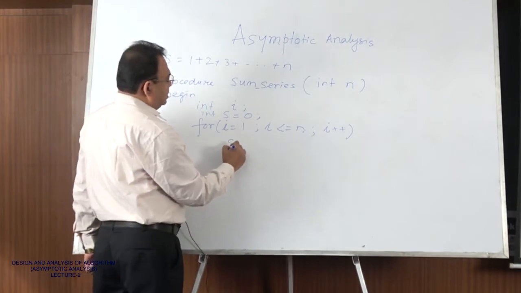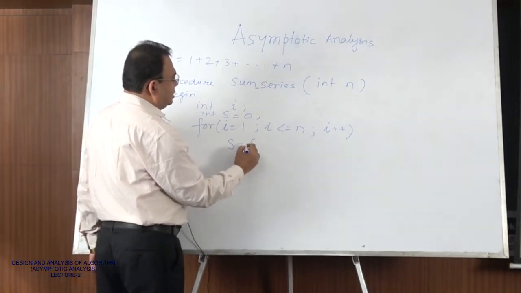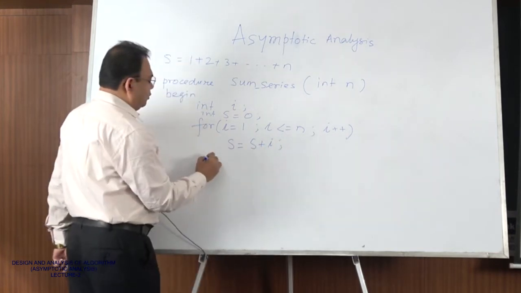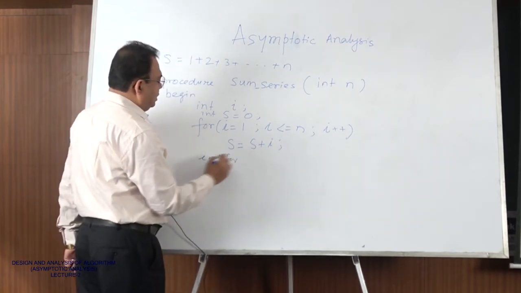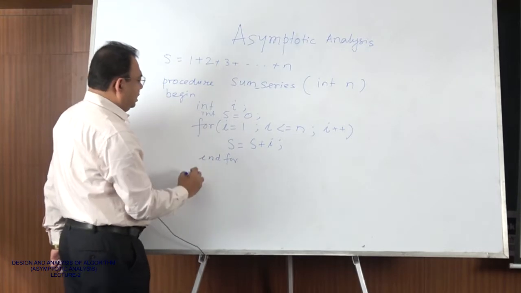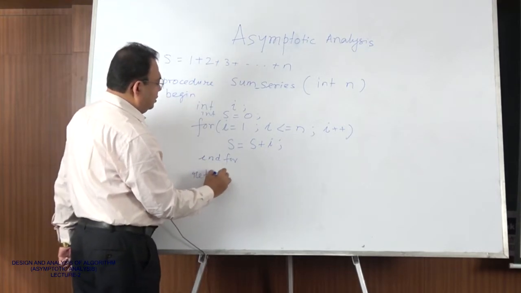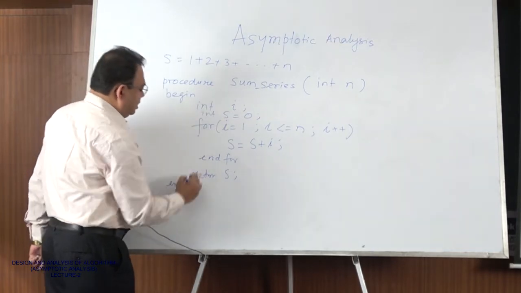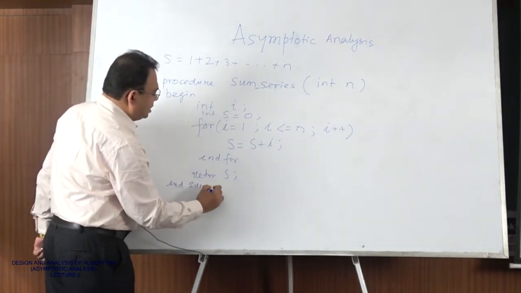Then s is equal to s plus i. At the end of the loop we return s, and end sum of series.